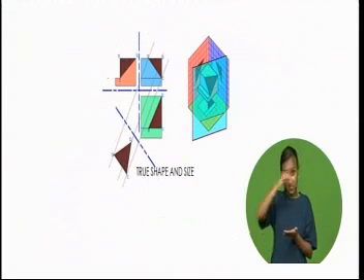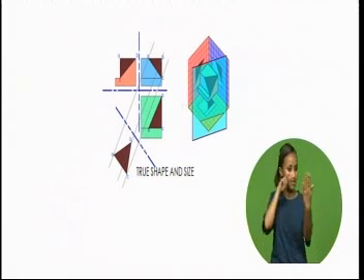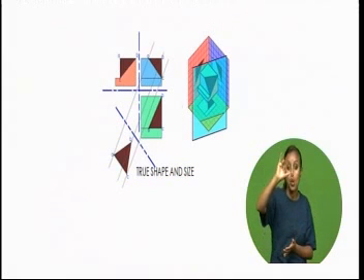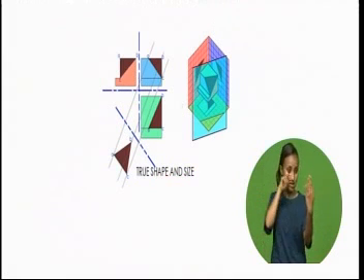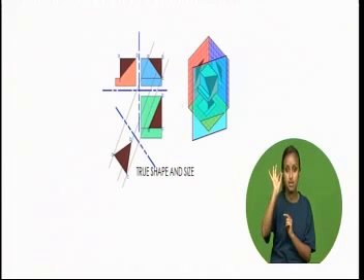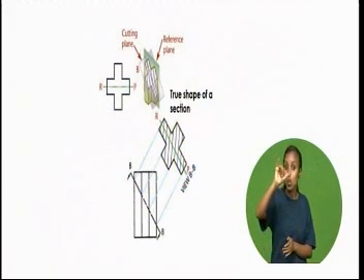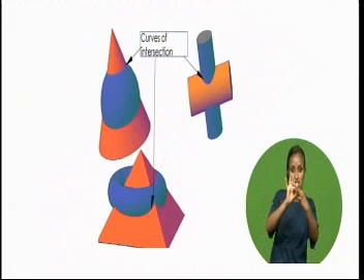In the case of today's lesson, auxiliary views are used for determining the projection of solids. Auxiliary views are also used to find the true shapes of sections of solids and curves of intersections.